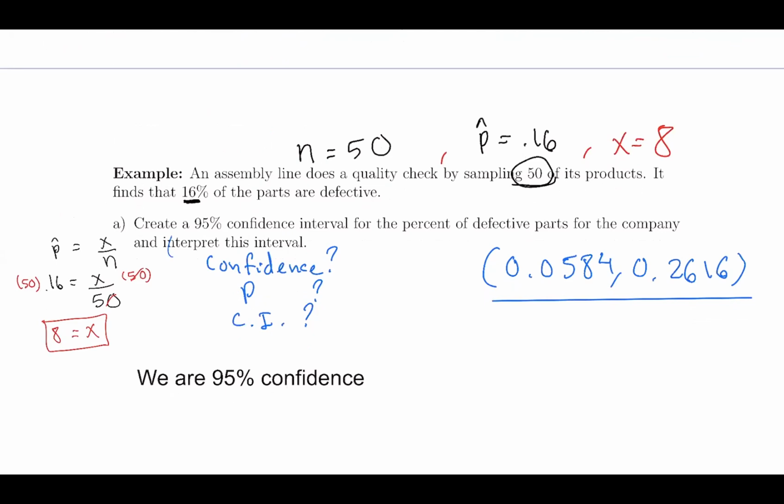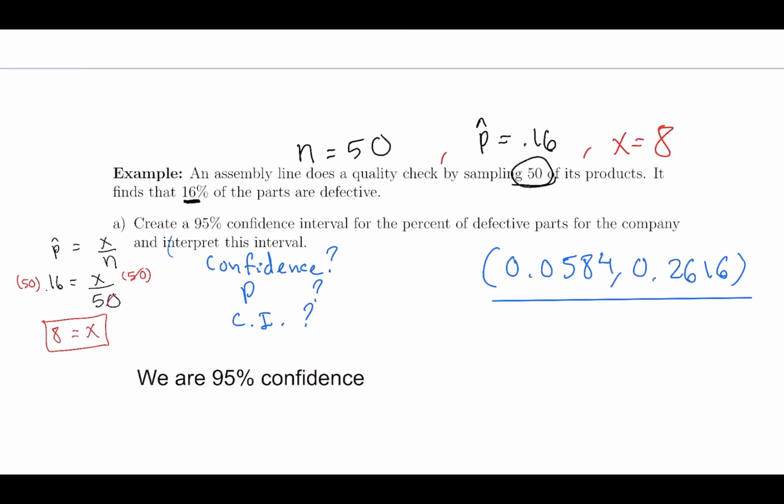All right. Next thing you want to do is put what P represents. So what is the proportion that we're solving for? For this one, what is the proportion that we care about? Because what does the 16% represent? Does it represent the 8? Well, what does 8 represent?